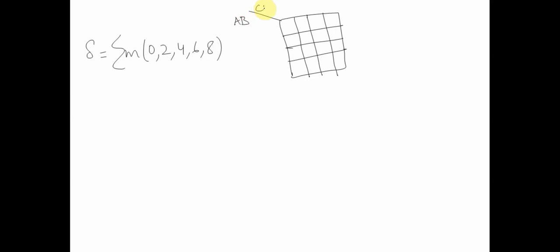AB CD: 00, 01, 11, 10. From 10 onwards, 8 9 10 11 12 13 14 15, everything was don't care, 10 11 12 13 14 15 were don't care. Then 0 is this one, 2 is this one, 4 is this one, 6 is this one, and 8 is this one, right?